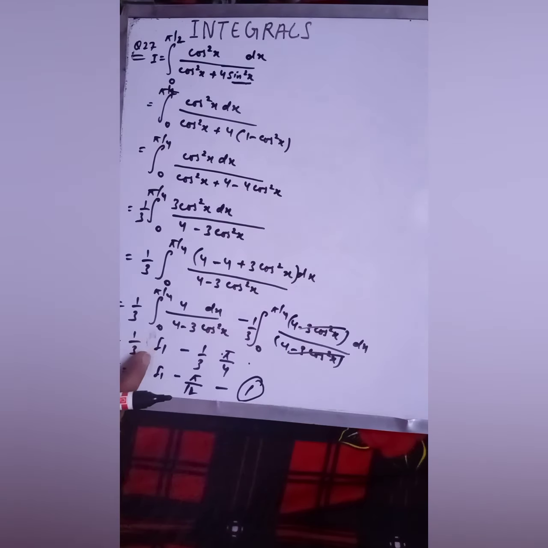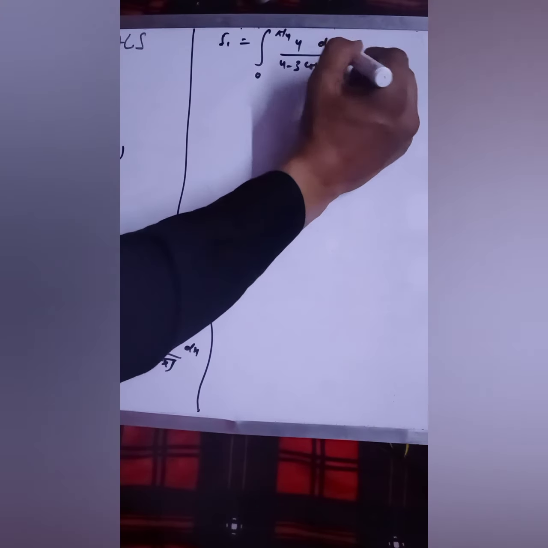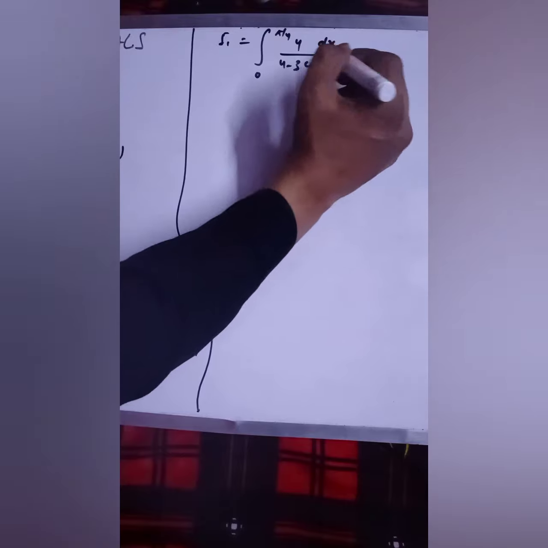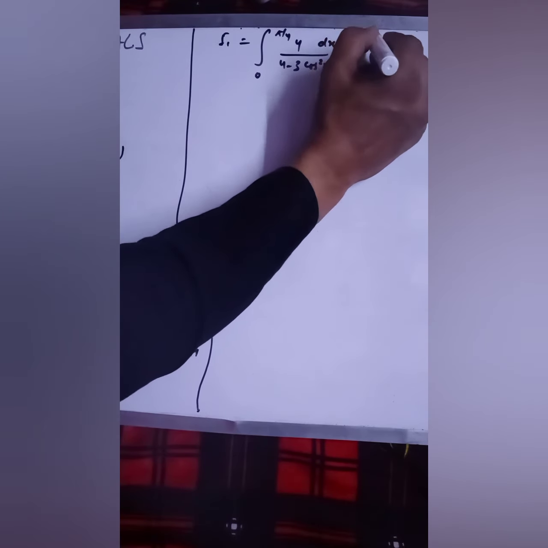So first of all, we will solve I1, and we'll put the value of I1 in this equation. Okay, so in the next step I'm going to solve I1. So please concentrate. Now see, this is your I1. So here what I am doing, I am dividing the numerator and denominator by cos square x.